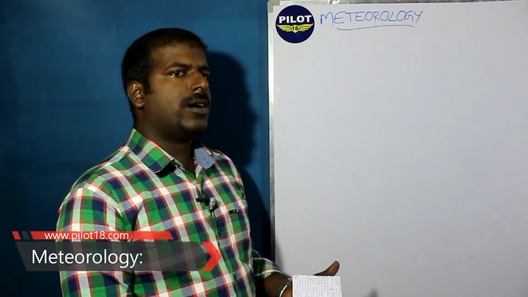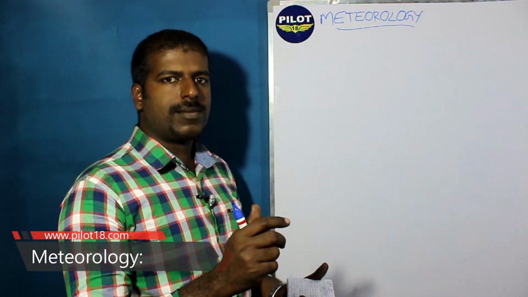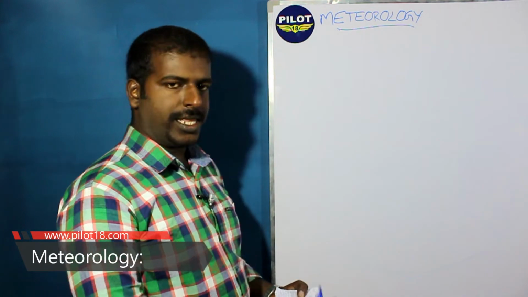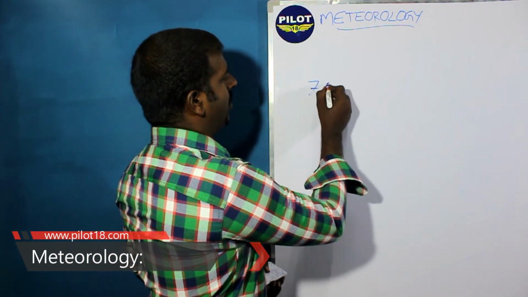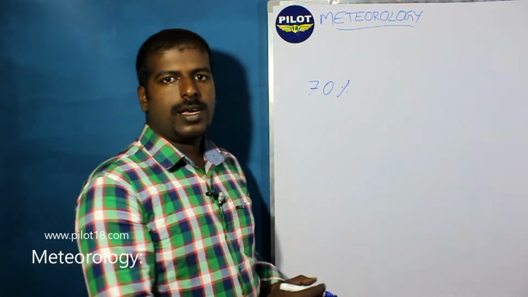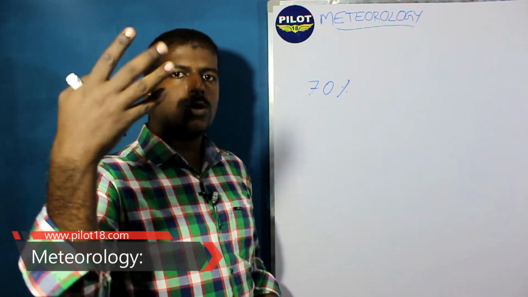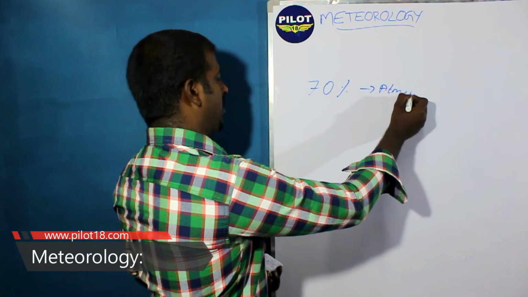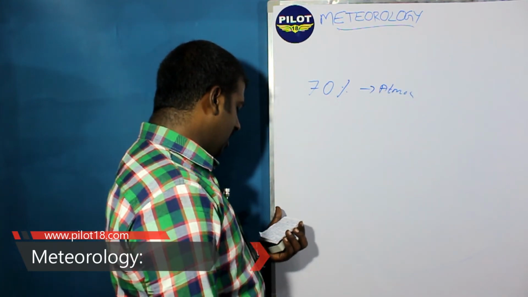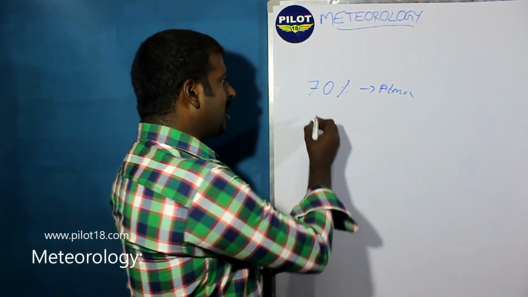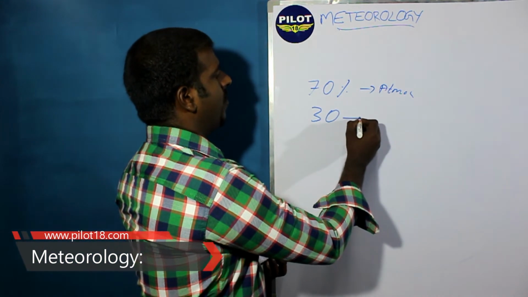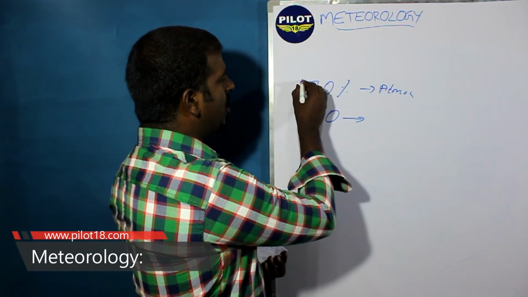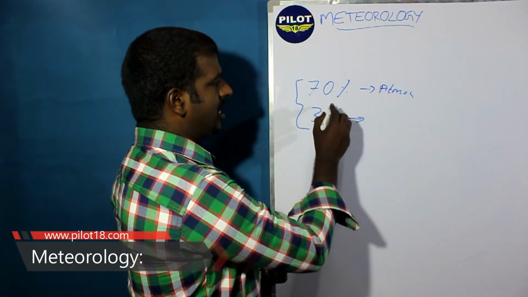70% of the total absorbed energy, meaning the reflected energy from Earth, is absorbed by the atmosphere. Then it is eventually lost to space. Okay, 70% is by the atmosphere. Then 30% means this is about the total solar radiation.